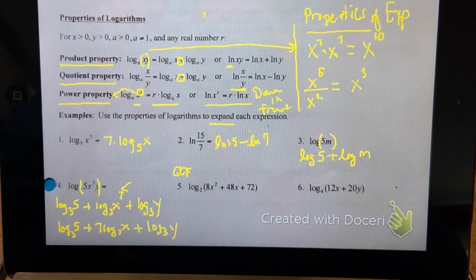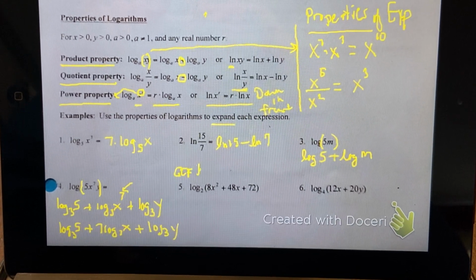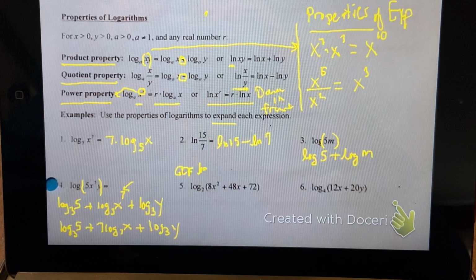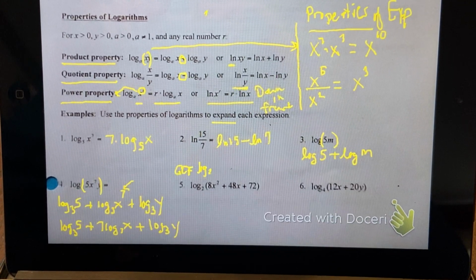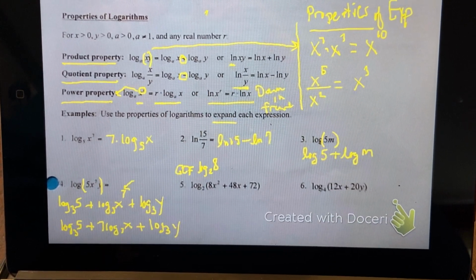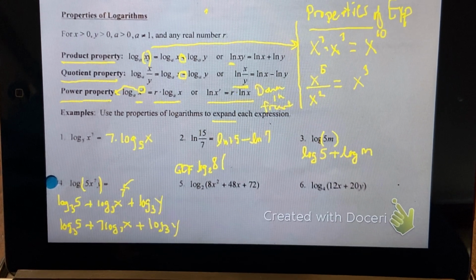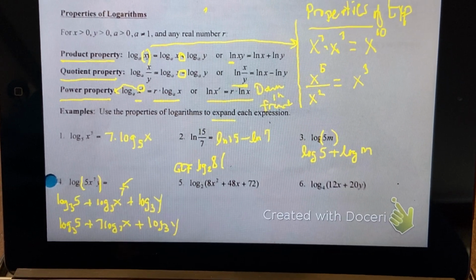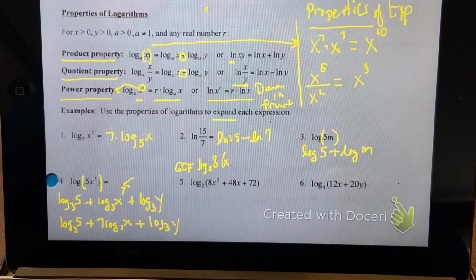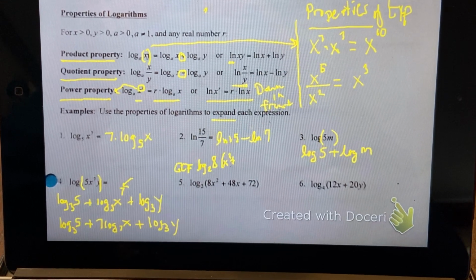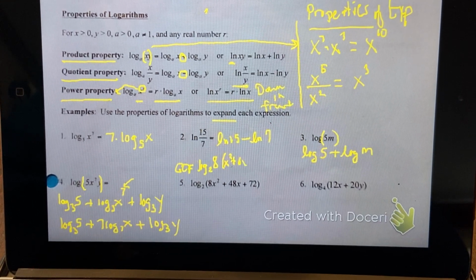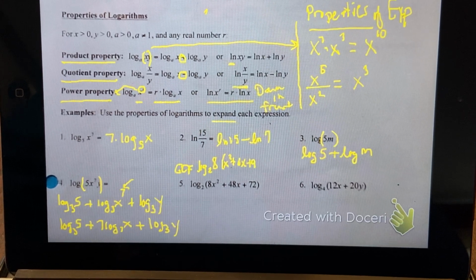So when I do that, I end up with log base 2, 8, and then what's left? Well, what's left is x squared plus 6x plus 9.